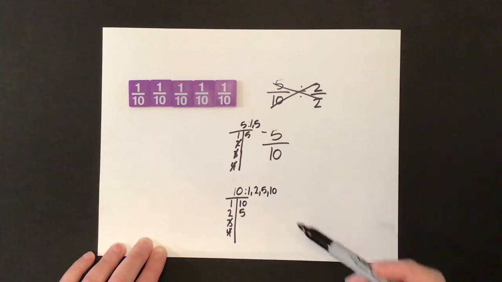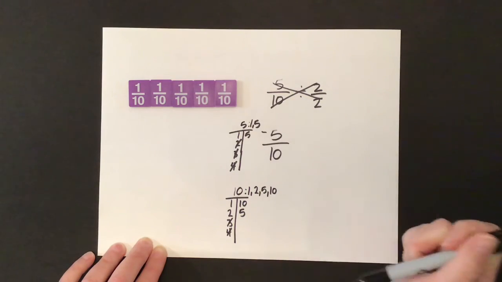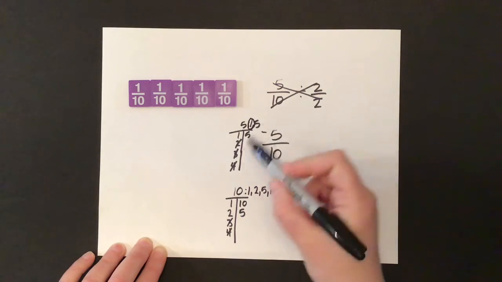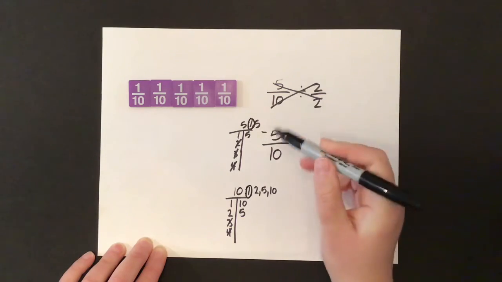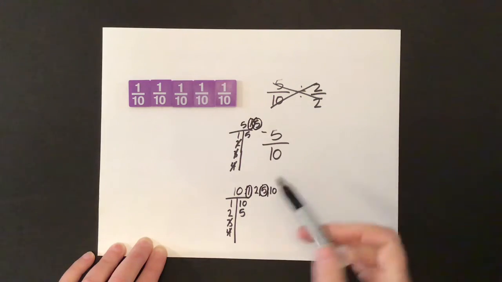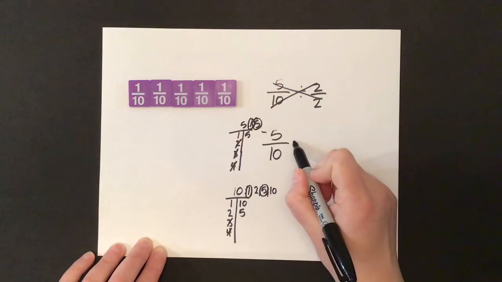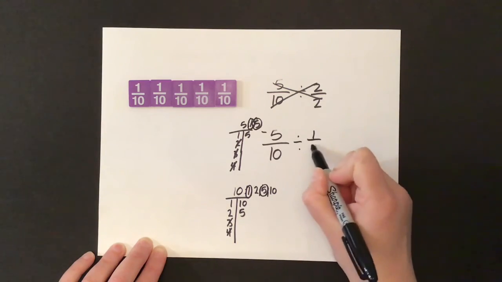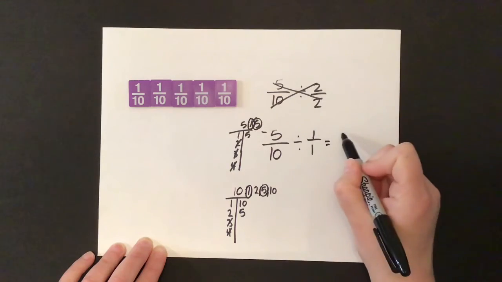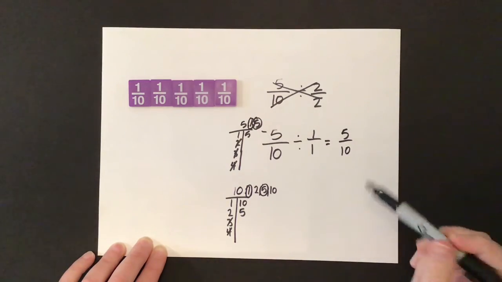Do you see any numbers that are on both lists? You might have noticed 1 is on both lists and 5 is on both lists. Now 1 is always going to be a factor. Watch what happens if I divide by 1/1. I end up with 5/10. So I really didn't find an equivalent fraction.